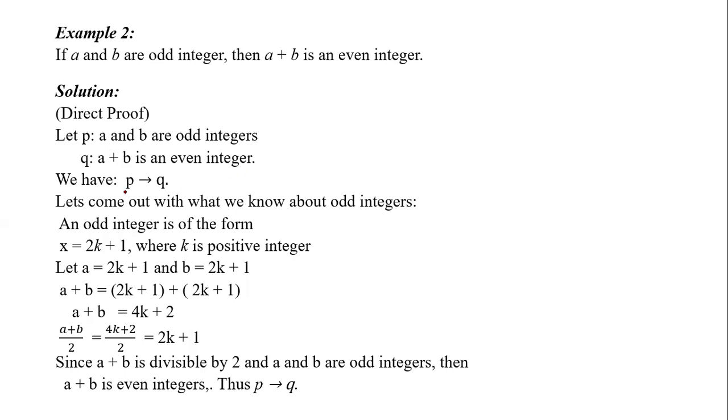Therefore, we want to look at P implies Q. After I've already explained everything to you, an odd integer is of the form x equals 2k plus 1, where k is a positive integer. Now, let a equal 2k plus 1. Let b also equal 2k plus 1.